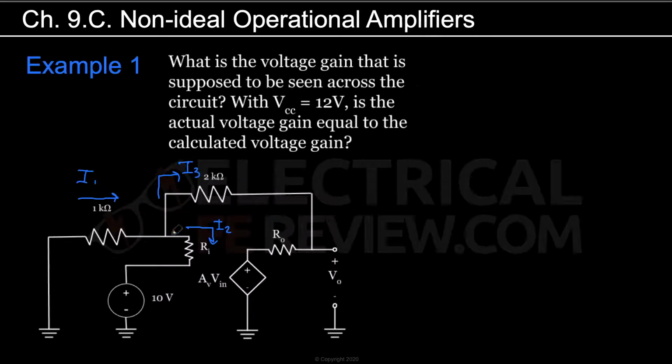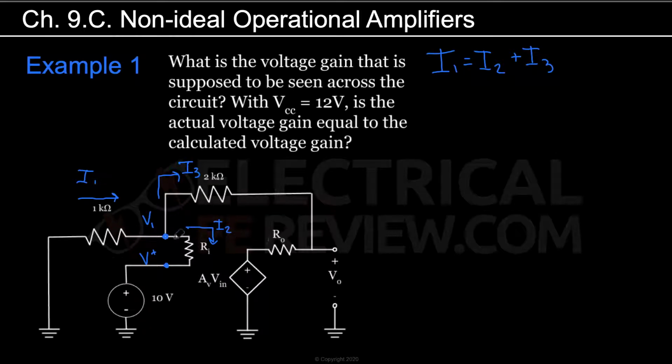What we know, because of KCL, is that I1 is going to be equal to I2 plus I3. And we're going to call this voltage here V1 and this voltage here V plus, because this is at the non-inverting terminal.